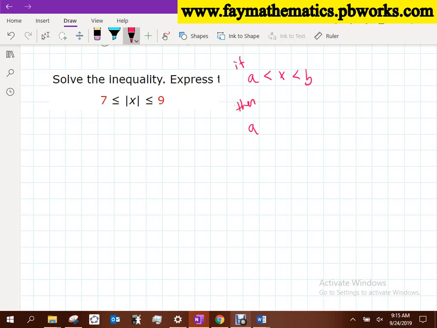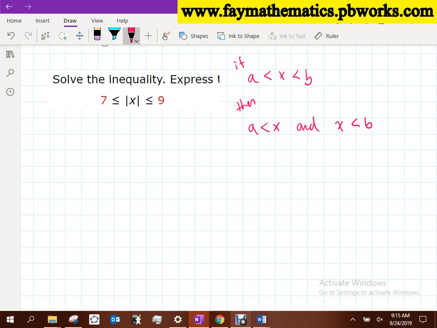You get A is less than X, and X is less than B, right? That's what you get from that. Now, we've talked about how it's easier just to say A is less than X is less than B, but those two things are congruent statements.